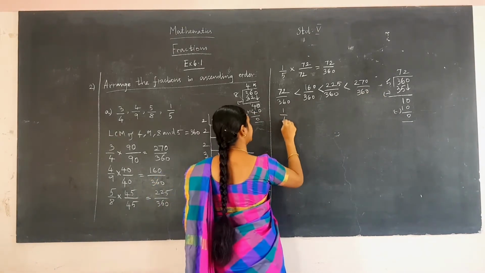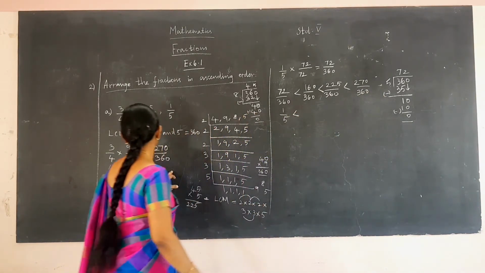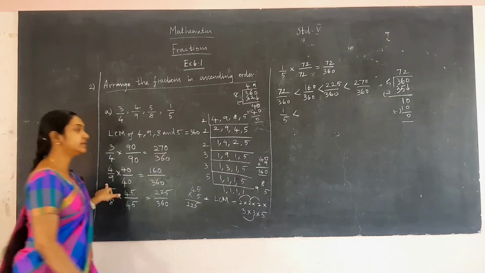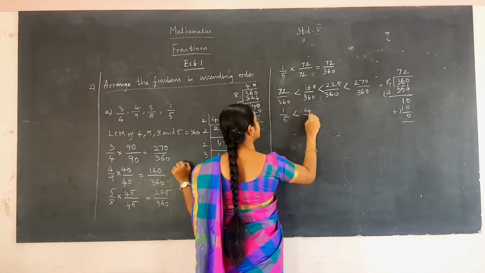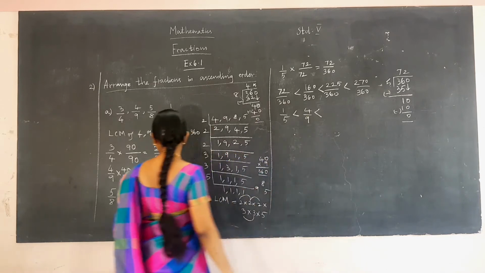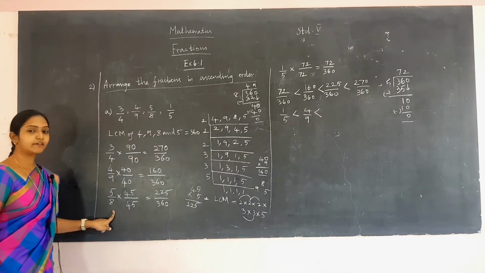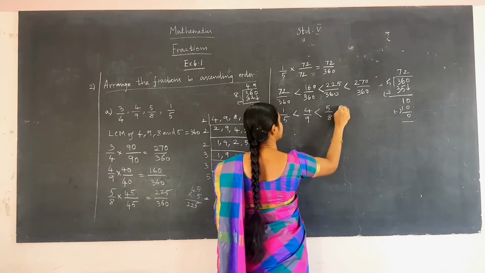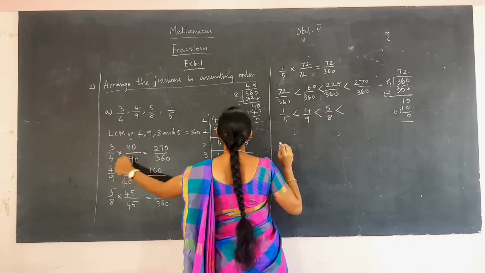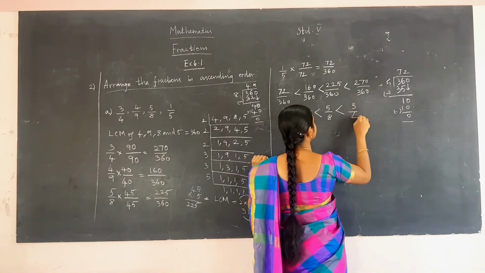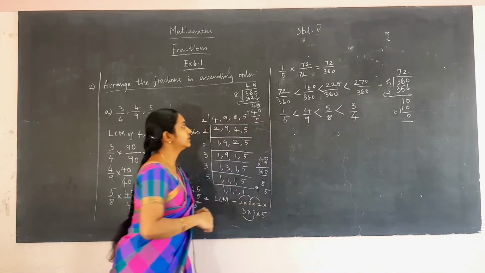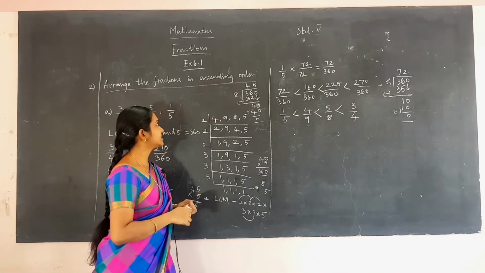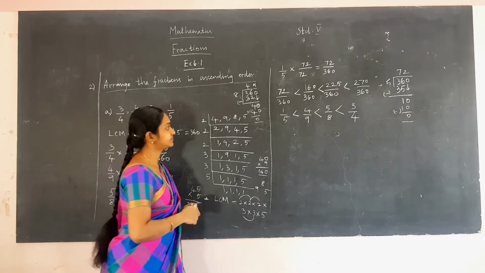1 by 5, 160. Here we have 4 by 9. Here 5 by 8. And here 3 by 4. So we have written the fractions in the ascending order.